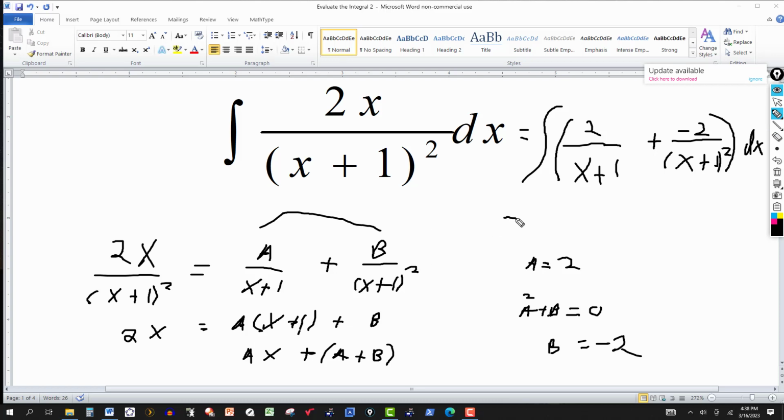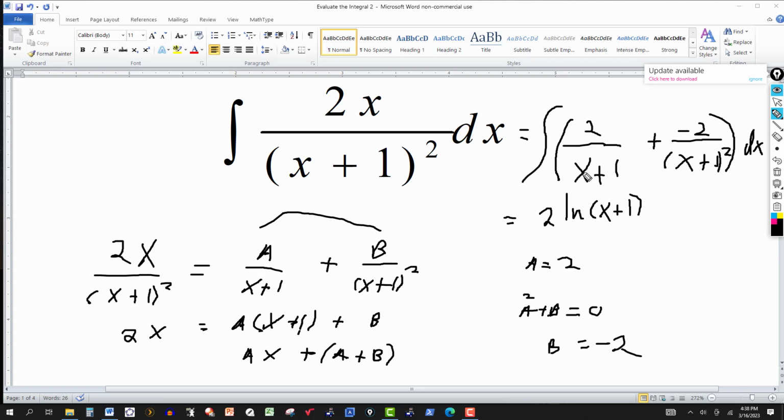And now we just integrate each expression. 2 over x plus 1 should be clear that the integral of that is 2 times the natural log of x plus 1.